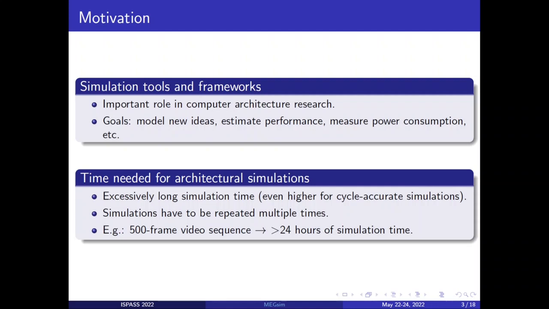In particular, cycle-accurate simulations require a huge amount of time. In our case study, the simulation of a graphics workload of, for example, 500 frames usually takes more than 1 day. And when hundreds of simulations have to be carried out, this becomes an important concern.